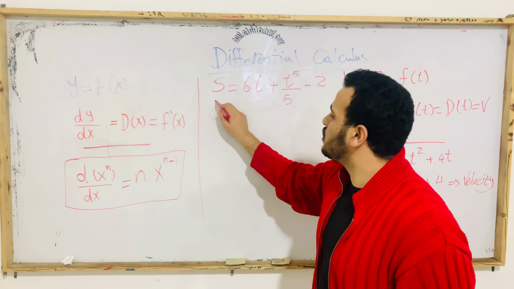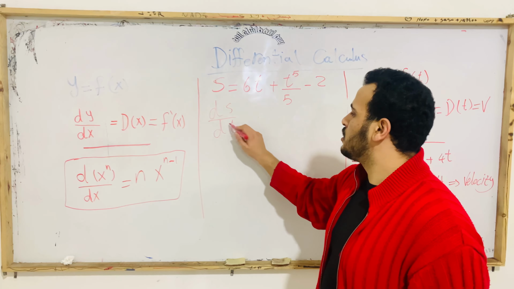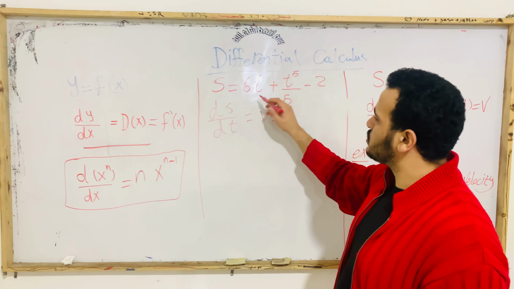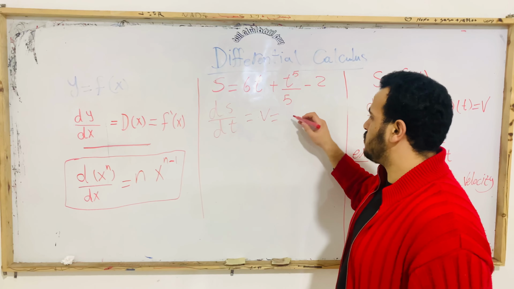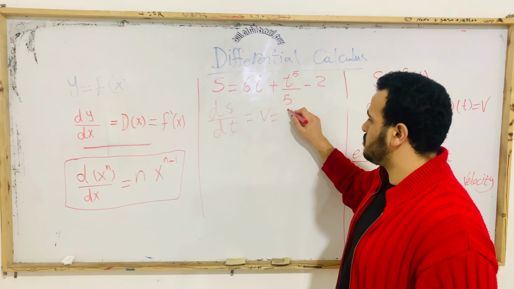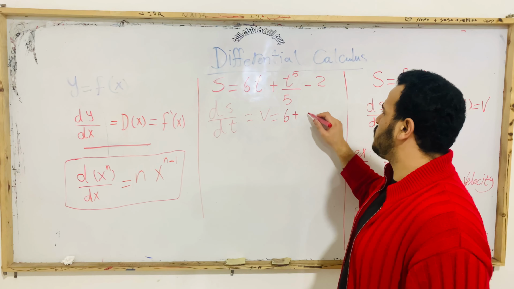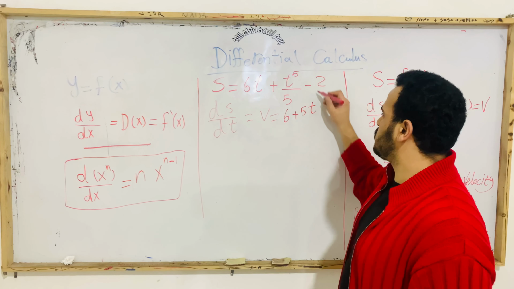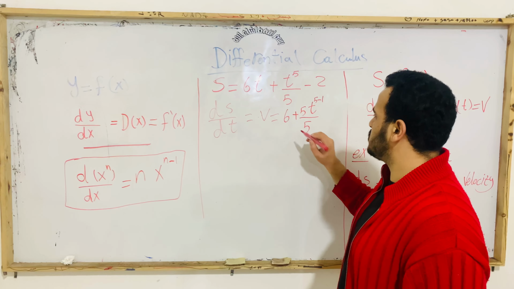So the derivative of s by dt, which means velocity, is going to be equal to 6, which is the derivative of this term, plus t raised to the power 5, which is 5 times t raised to the power 5 minus 1 over 5 as it is.